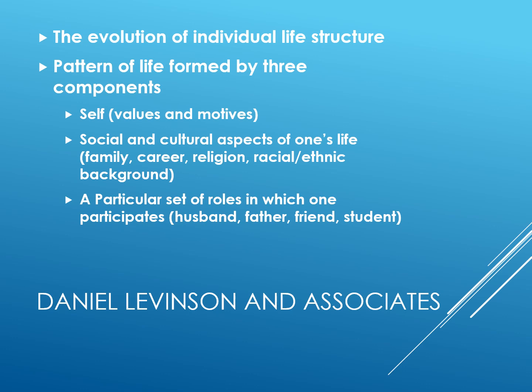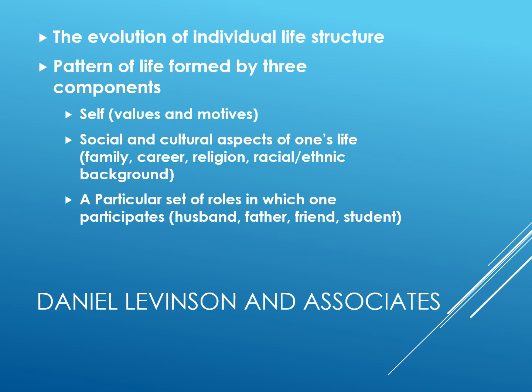The second component is social and cultural aspects of one's life, which includes family, career, religion, racial, and ethnic background. The third component is a particular set of roles in which one participates. So your role in your home, it could be husband, wife, father, friend, student.